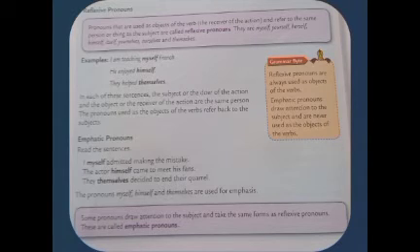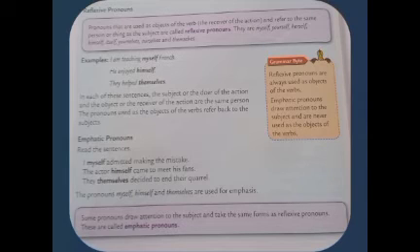So if you see a subject and emphasis just after the subject, it is an emphatic pronoun. How can you recognize it? If you see myself, himself, they themselves, she herself, he himself, any subject being followed by myself, himself and so on, that is not reflexive.